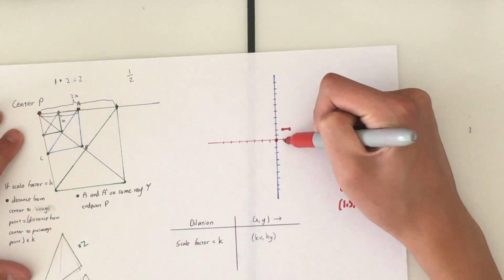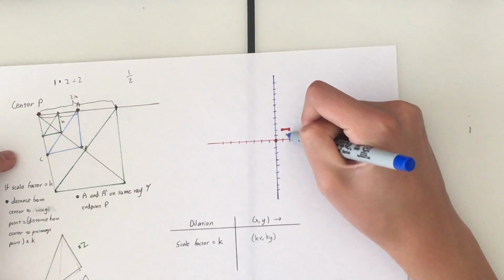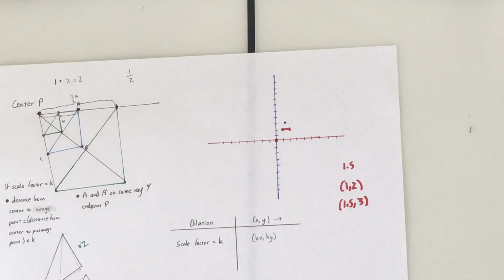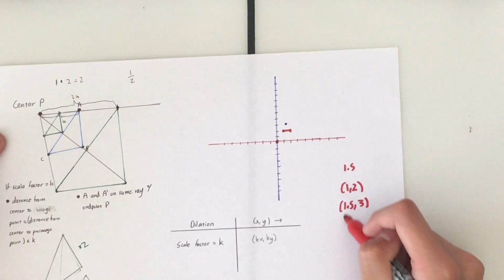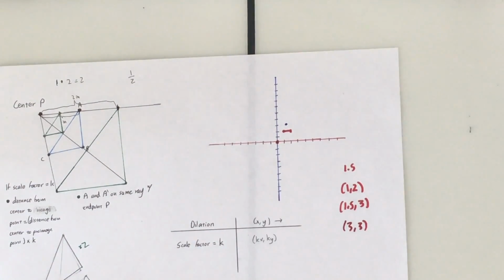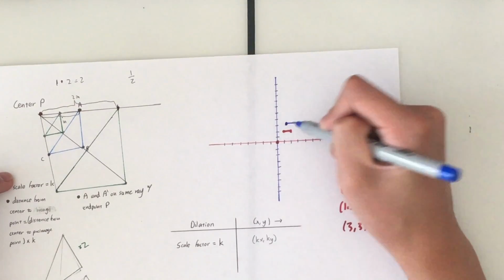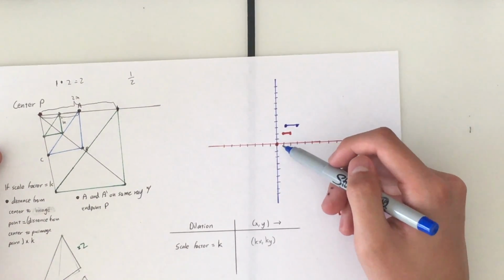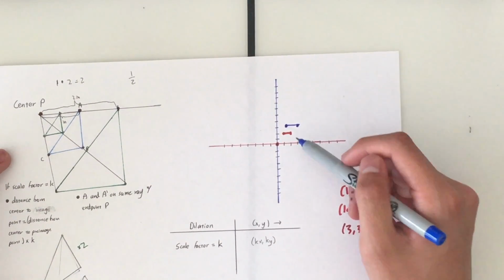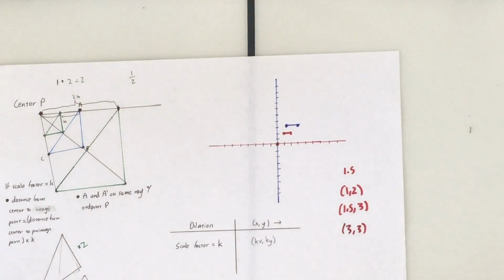So you would get (1.5, 3). And the other point, (2, 2), you would multiply each by 1.5 and you'd get (3, 3). So in the end, you would get this, and you can see that it's still oriented the same way. Dilations don't change the orientation, but it's larger now. Remember, dilations are just a change in size.